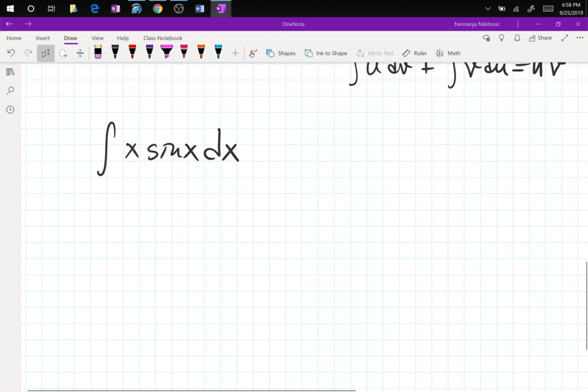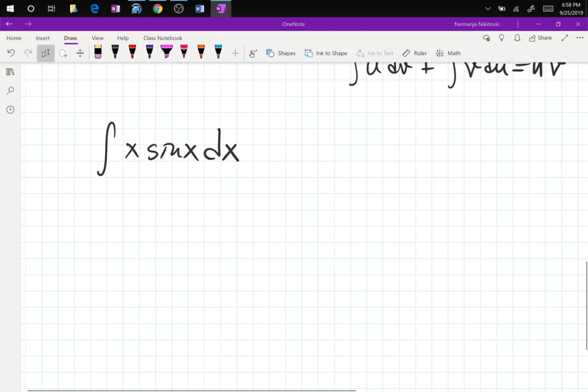Then you can say, okay, how about sine? Well, if you put u equal to sine, you do not have cosine for du. So u substitution goes out of the window. Not basic, not u sub. Therefore, this is the only technique left, so it has to be integration by parts.